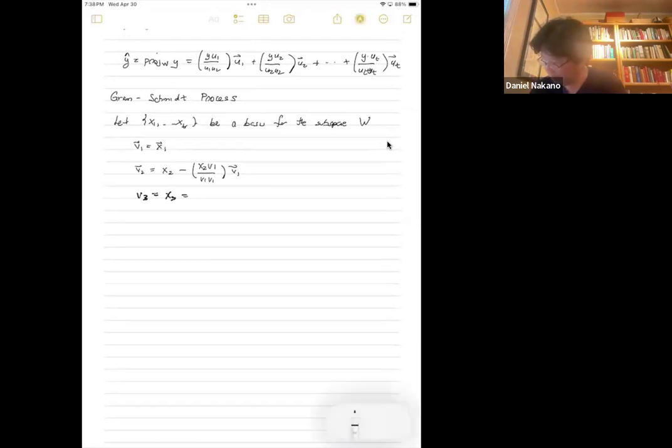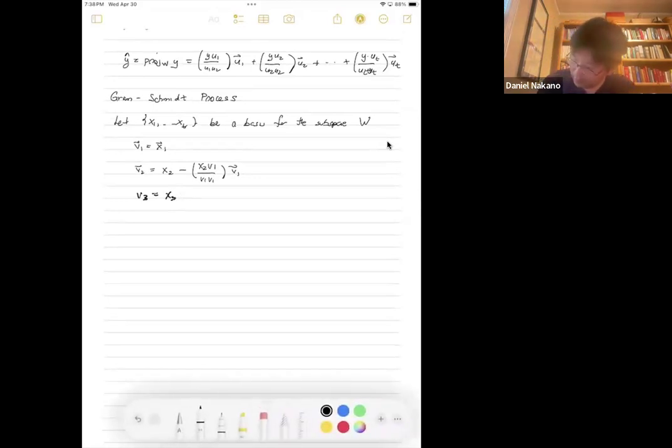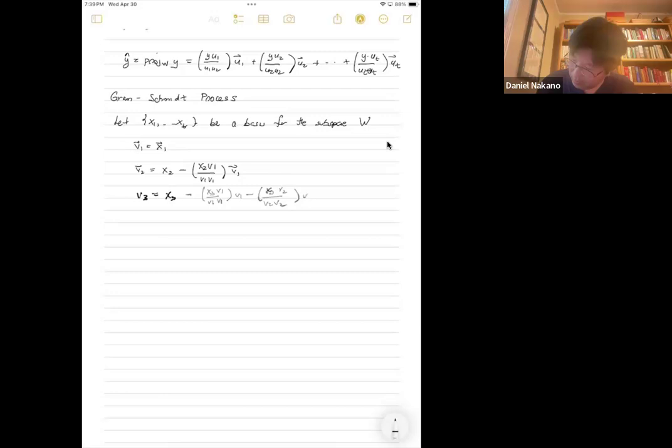Then for the next one, I take x3 and subtract off the projection. Sorry, let me erase this and make it a little bit cleaner. So I take x3 minus x3 dot v1 over v1 dot v1 times v1, minus x3 dot v2 over v2 dot v2 times v2. And then you can see what you do.